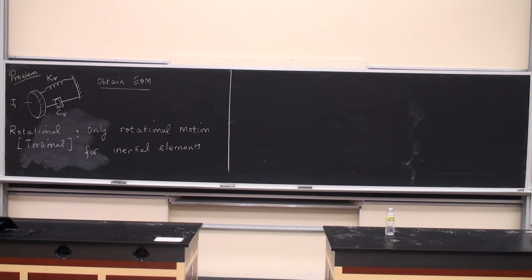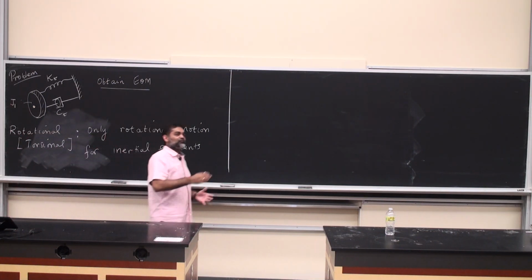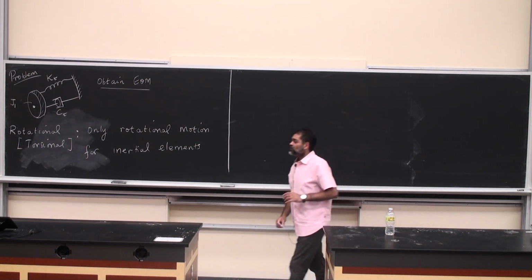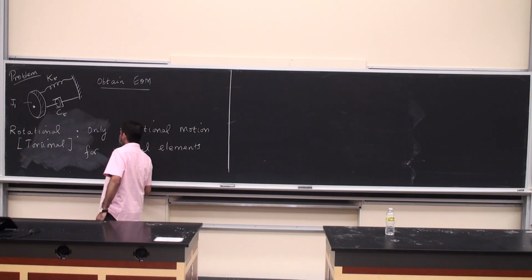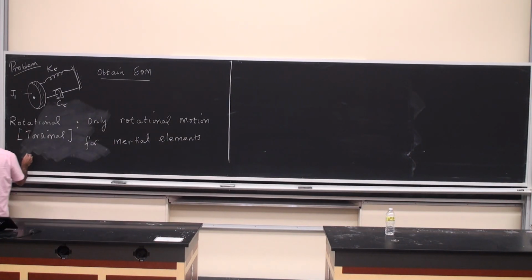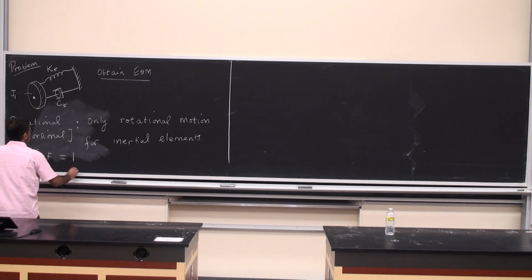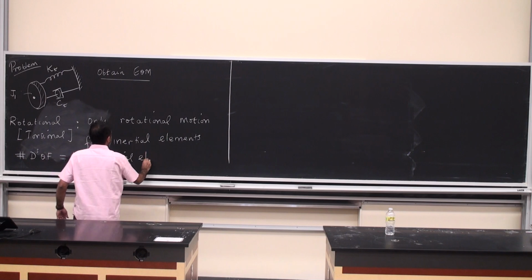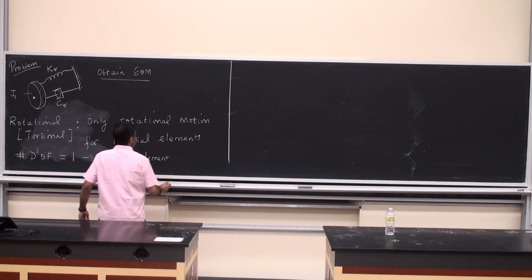So if you want, you can think of this as being pinned at some central point or about its center of mass, and then you're just coming and giving it an applied torque of some kind. So there's only 1 degree of freedom here. So the number of degrees of freedom is equal to 1 for the inertial element in torsion.